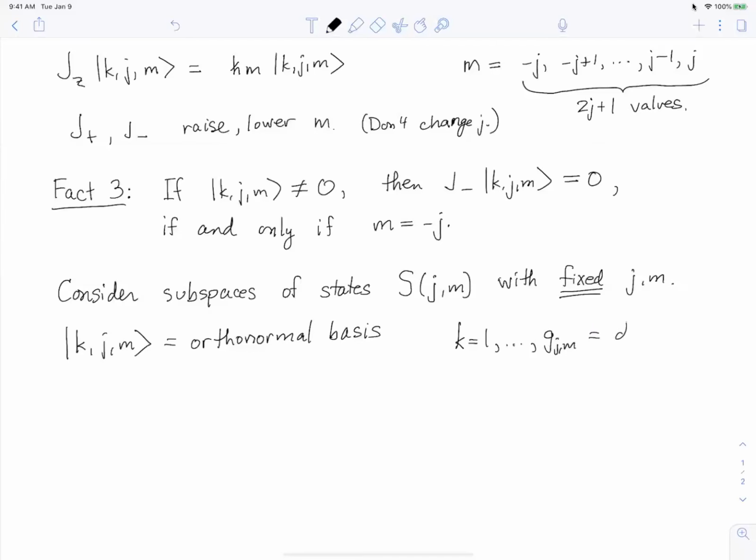This is the degeneracy of the subspace, in other words, just the number of distinct orthobasis states within it. And if it's an orthobasis, that means the inner product ⟨k′, j, m|k, j, m⟩ is equal to the Kronecker delta of k′ and k.